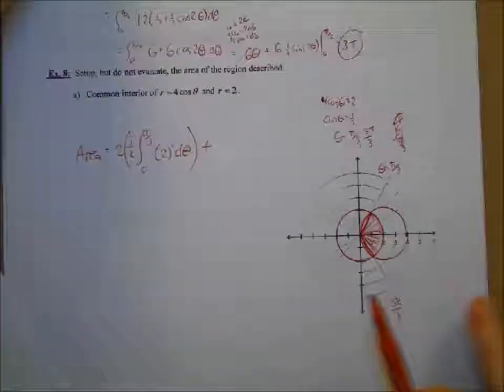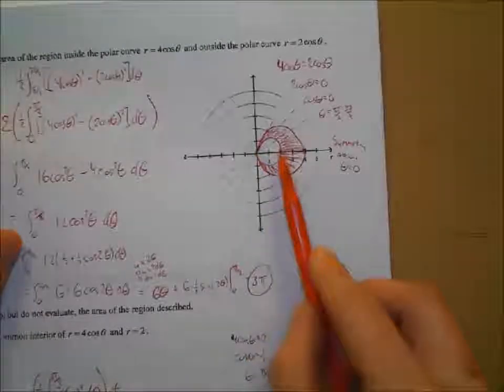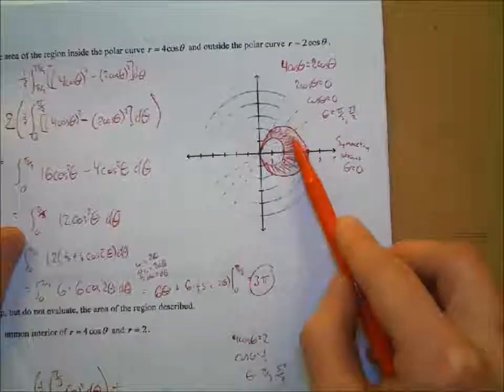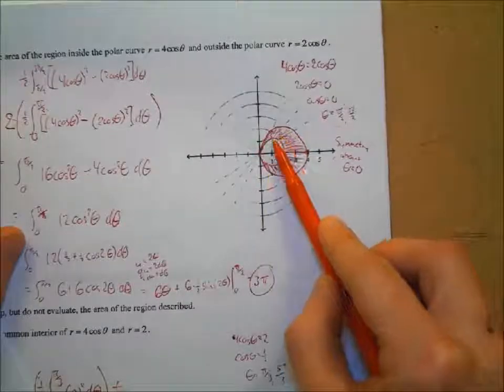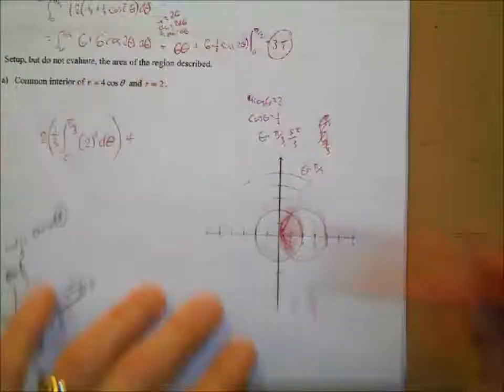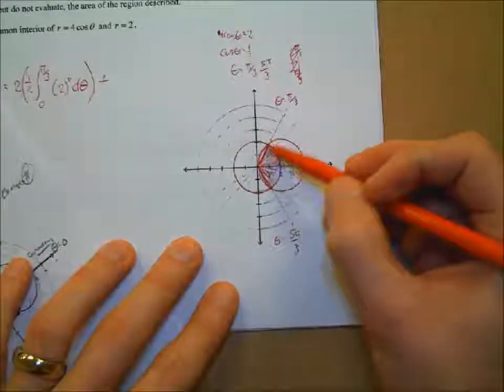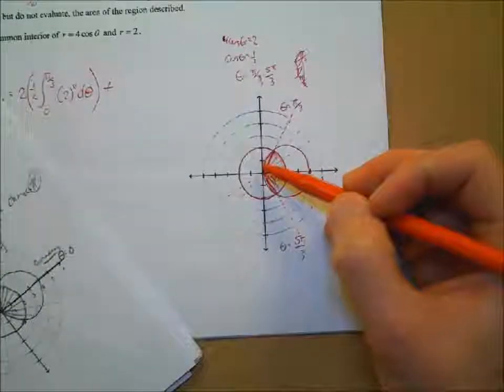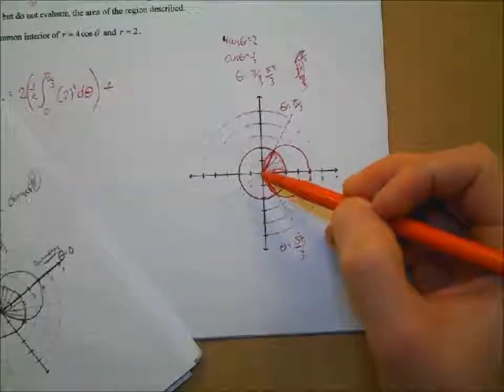Like here, for every angle theta we had to take out this piece because there was this inner white space we wanted to remove that was closer. But here, right from the pole, there is no inner white space between the pole and our region that we have to subtract out. It's just the accumulated area of that curve. I think I get it.